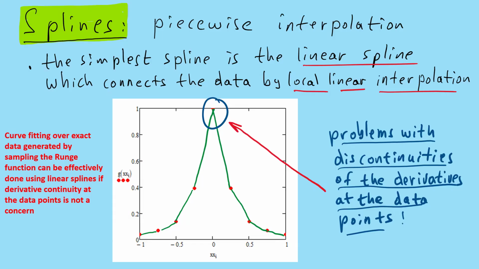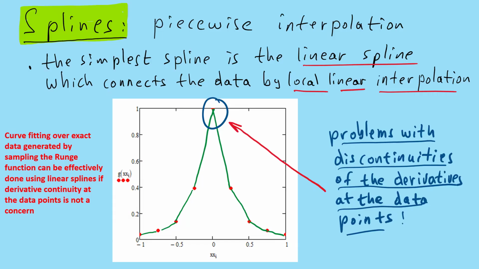The simplest type of spline is a linear spline. A linear spline connects the data points using local linear interpolation. This means we draw a straight line, as you can see in the figure, between each pair of neighboring points instead of using one global polynomial over the entire interval.